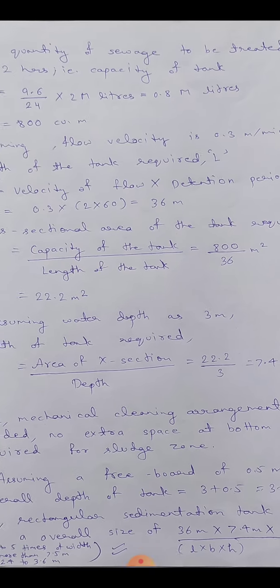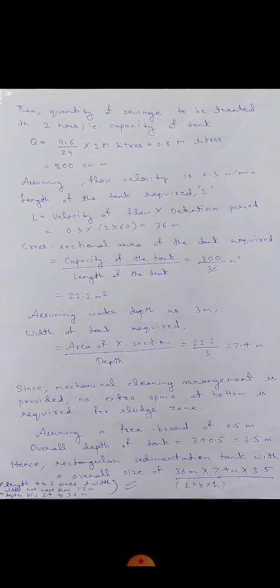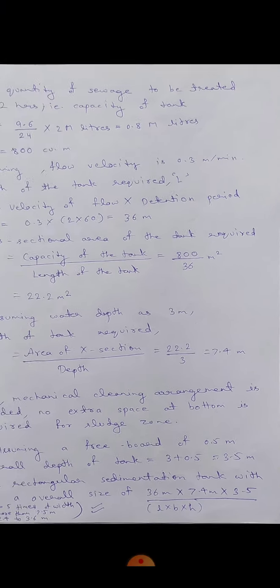Now assuming water depth as 3 meters, as we have seen, the depth should be between 2.4 to 3.6 meters. Okay, so we are assuming that water depth is 3 meters. Then we can calculate the width of the tank: cross sectional area upon depth, that is 22.2 upon 3 meters. Then the width of the tank is 7.4 meters.